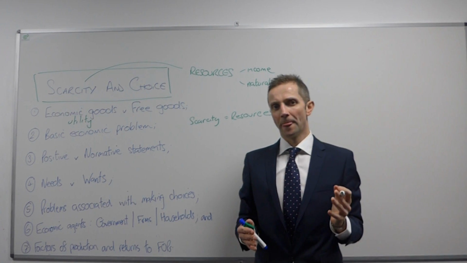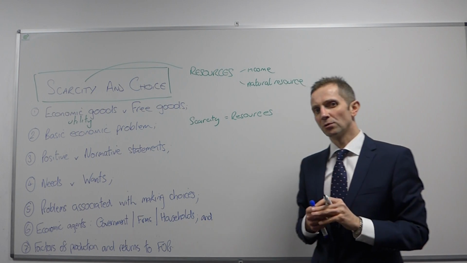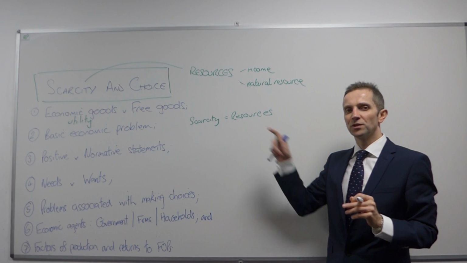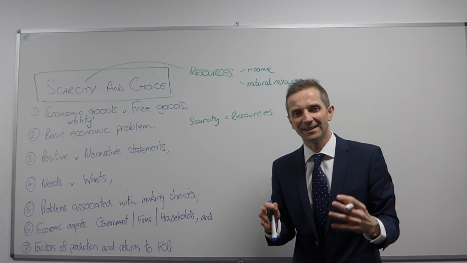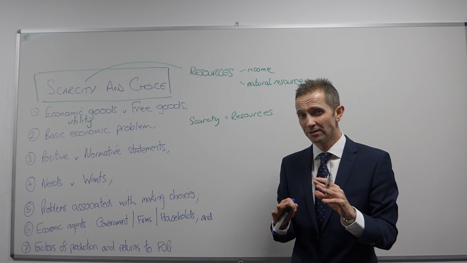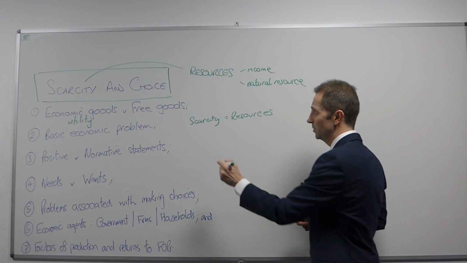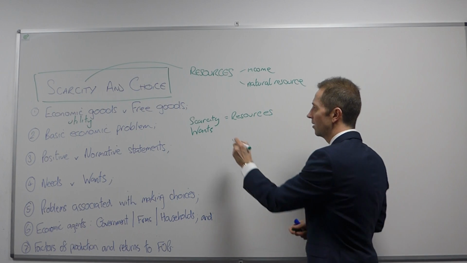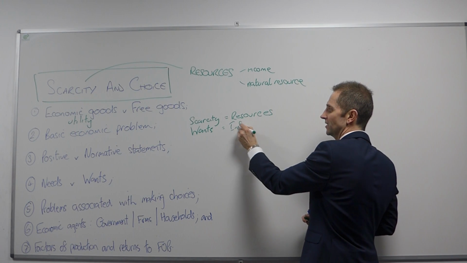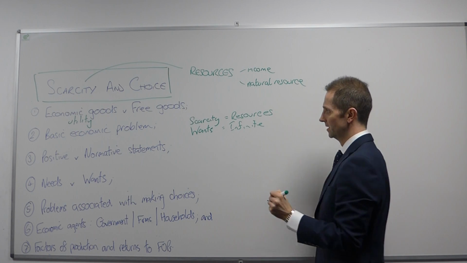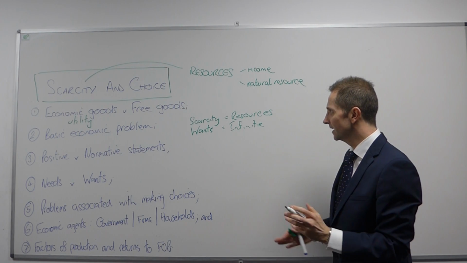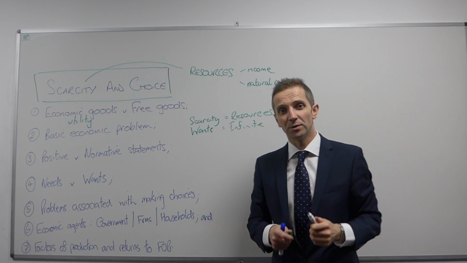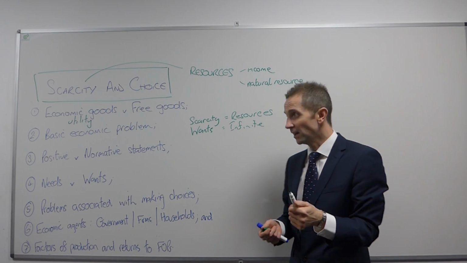Now, in order to purchase a good or service that you may want, you have to use your resources, but you do not necessarily have the resources required to buy everything that you want, because as you know from your studies of economics, wants are said to be infinite. So we have a problem here in that wants are infinite, but resources are scarce, or another way of putting that would be to say that resources are finite.